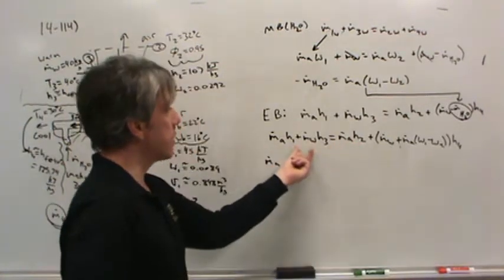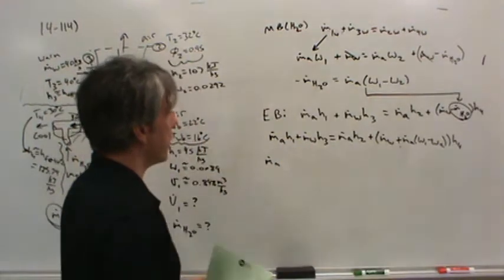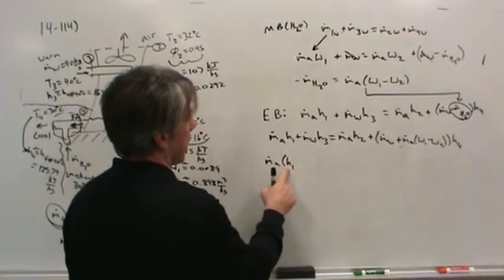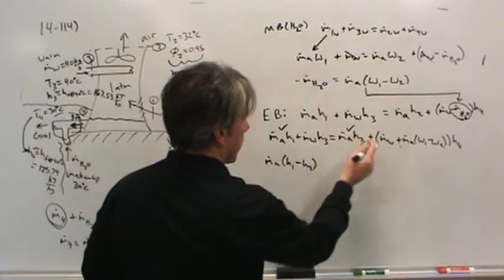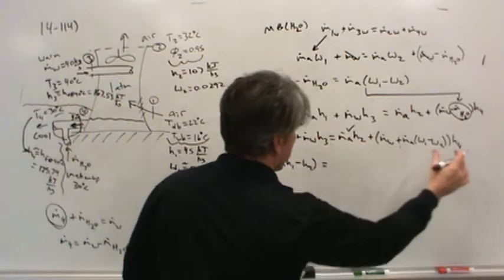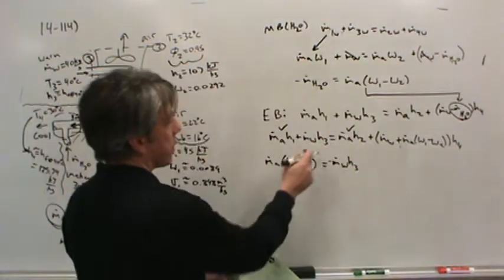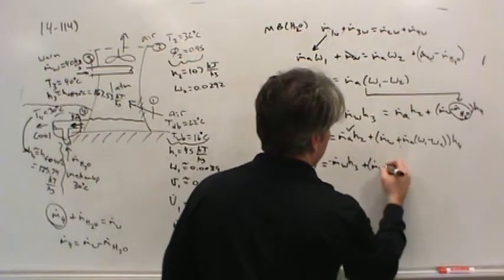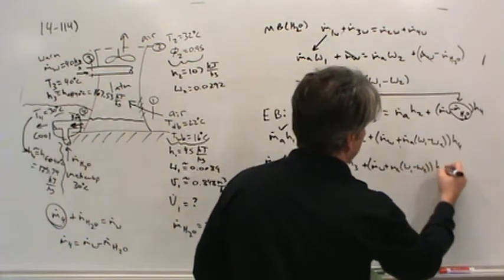Well, you take this term to the other side, you take this term to the other side, and divide out by that difference, right? Let me do it in a couple of steps. You're going to end up with m dot a times (h1 minus h2) equals, moving this term to the other side, mass flow rate of water times H3 with a negative sign on it, because I moved it to the other side, plus mass flow rate of water, plus mass flow rate of air, omega 1 minus omega 2 times H4.